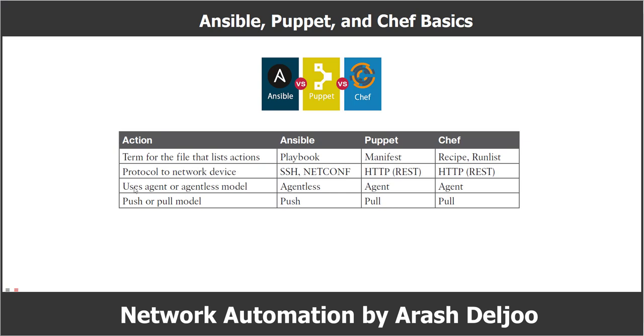About the agent or agentless model, Ansible uses the agentless model. Puppet uses an agent, and you also know that Puppet supports agentless too, and Chef uses an agent. About the push or pull model, Ansible uses the push model, and Puppet and Chef both use the pull model.